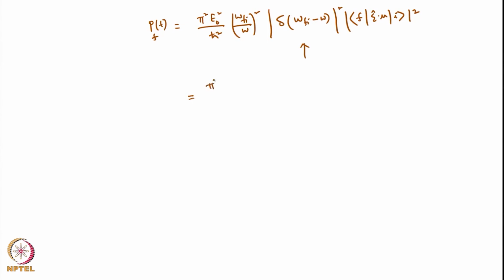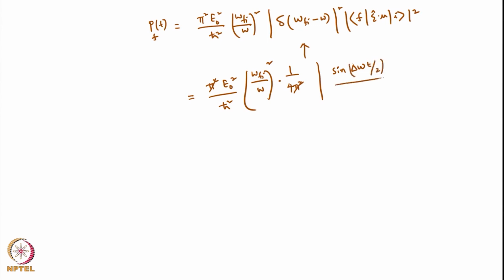So pi square E naught square by h bar square, omega Fi by omega whole square into 1 over 4 pi square, and this pi square and this pi square will get cancelled, and this one will be sine of delta omega t by 2 divided by delta omega by 2 whole square, modulus of f epsilon mu I whole square.